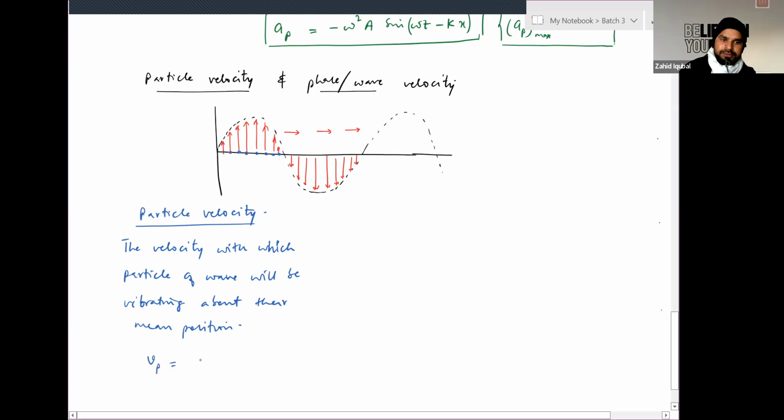So it is equal to omega times A cos (omega t minus kx).